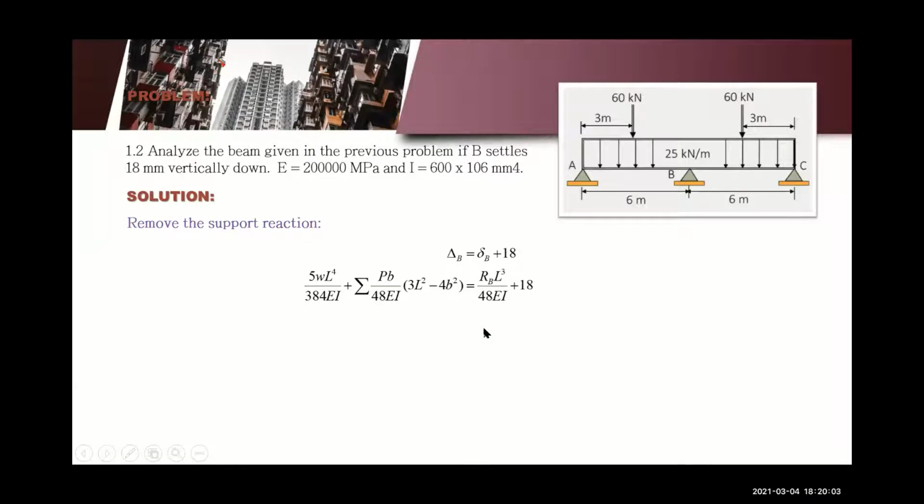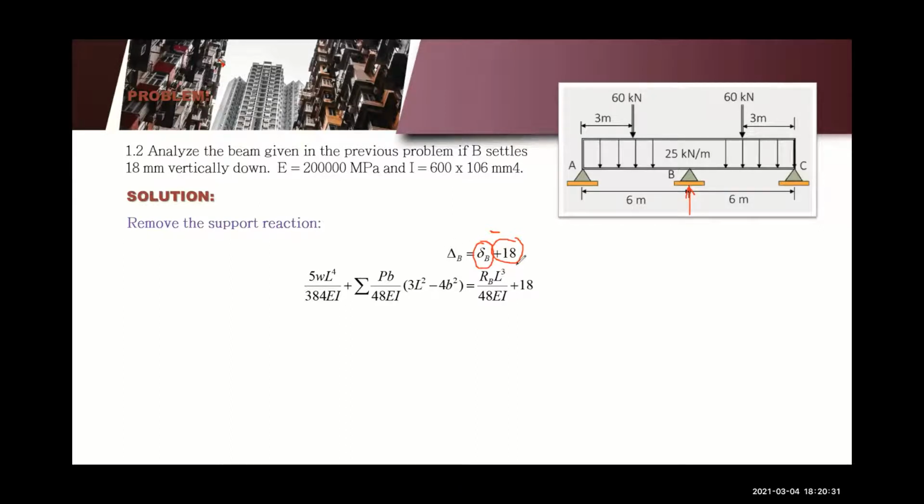Okay, so let me correct this one. So this 18, sorry about this, should be negative. Because based on the equation, the deformation of your support at B should be equal to the settlement and the deflection of the load.